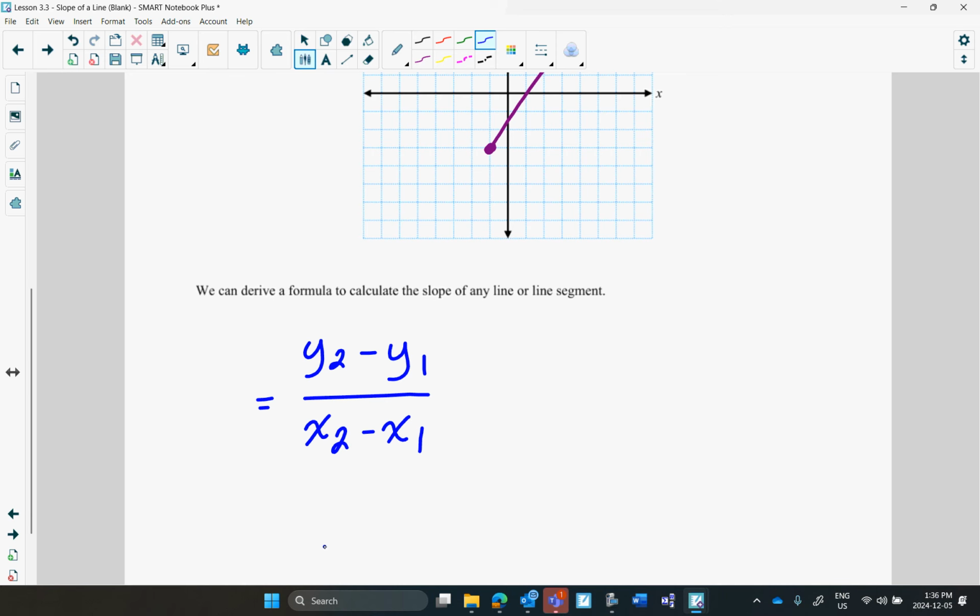The M. Nice. Well done. Yes, it's M, which is weird. Because how does M stand for slope? Well, it does, kind of. Anybody know the French word for to climb?